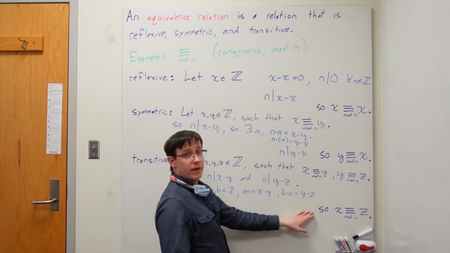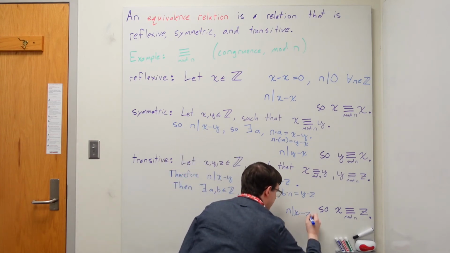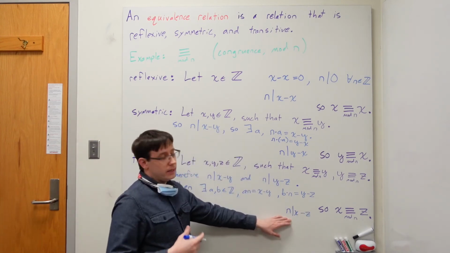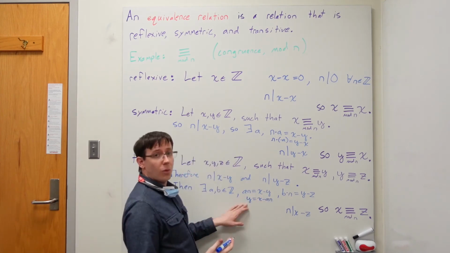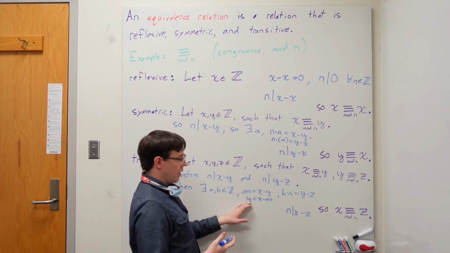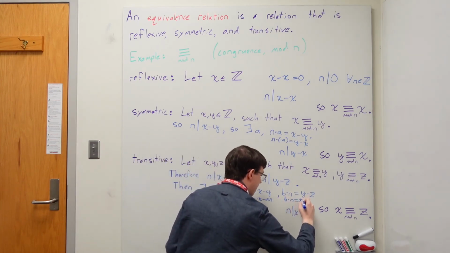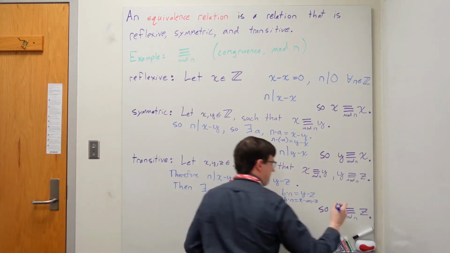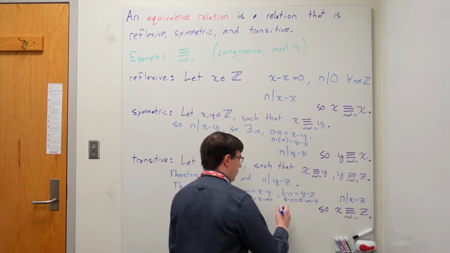And our goal is to eventually show that n divides x minus z. And so we want to eliminate the y. So we can solve for y in one of these equations and then substitute it into the other. I've made some space so that we can now rearrange.